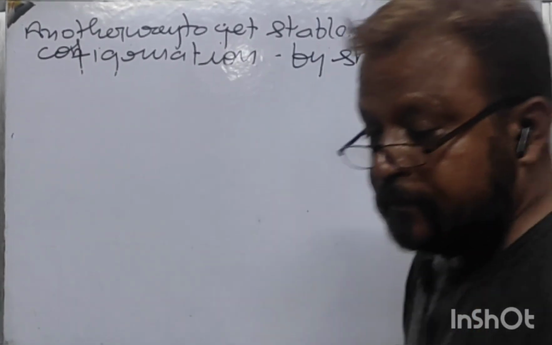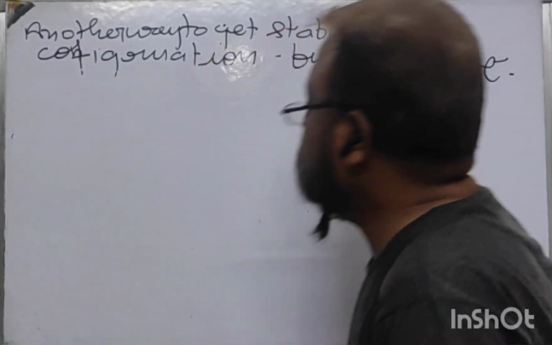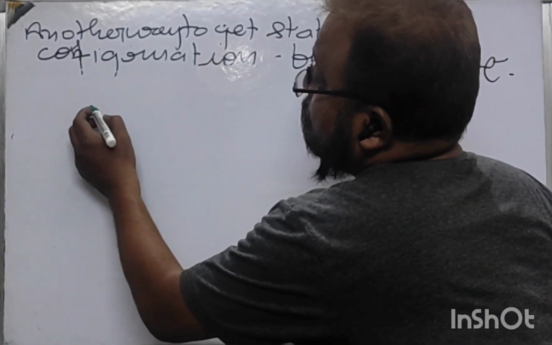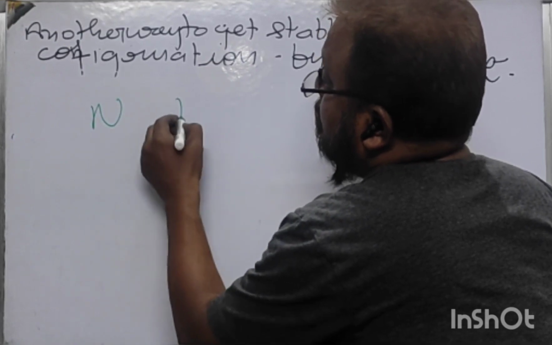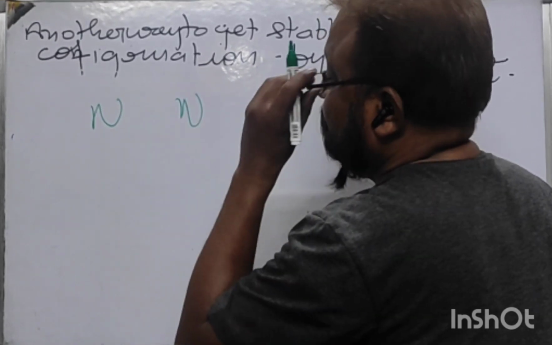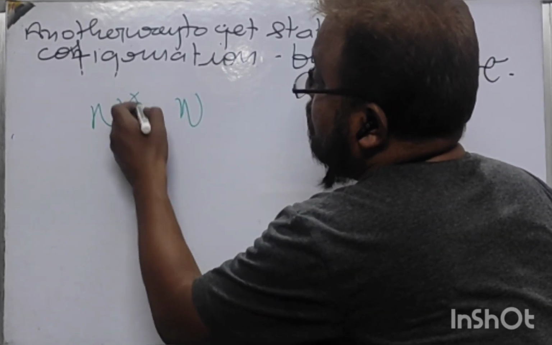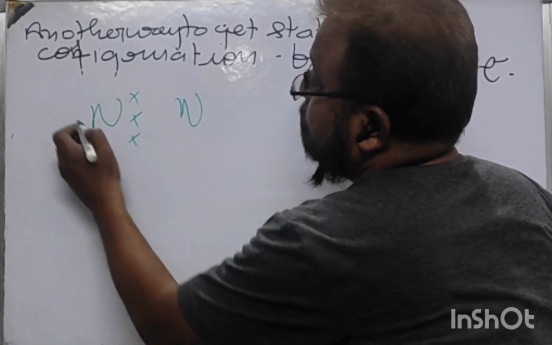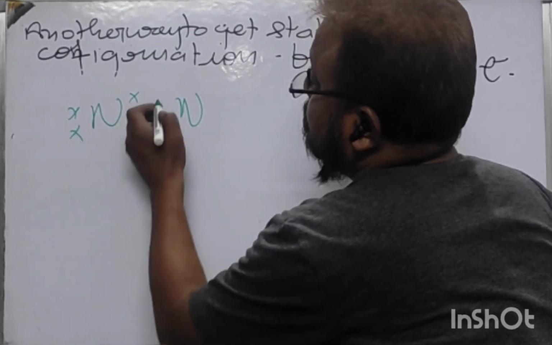Now we have one more very classical element, nitrogen. Heard about nitrogen? It has 5 electrons in its outermost shell, right?